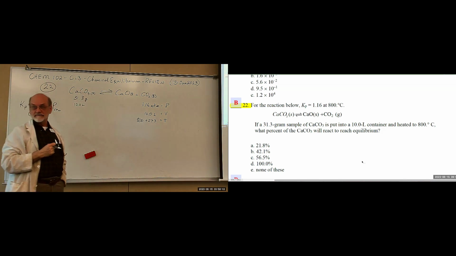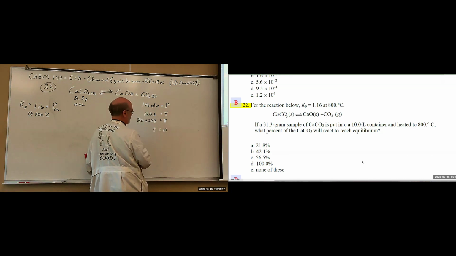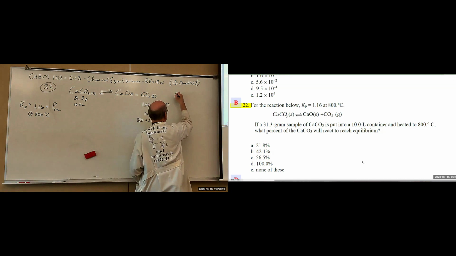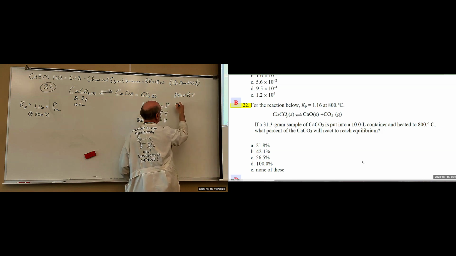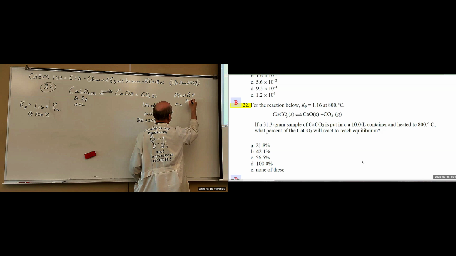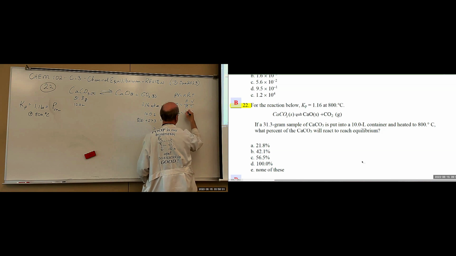Ideal gas equation. So we can solve for n. All we need is PV equals nRT. Solve for moles equals PV over RT. And pressure is 1.16 atmospheres, volume is 10 liters.